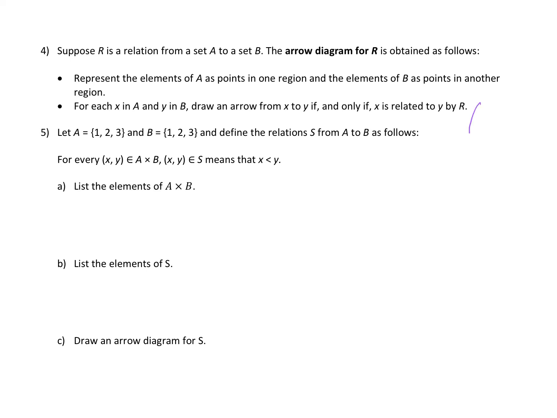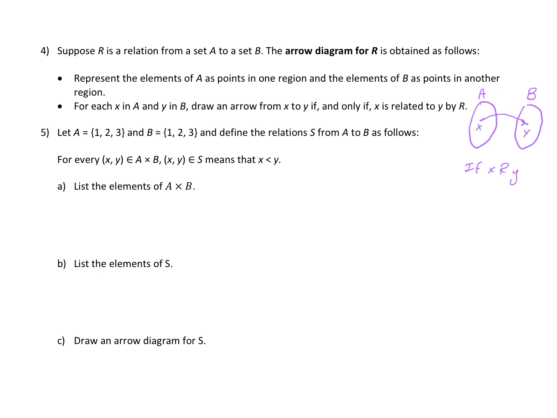So you'll have a circle with elements of A in it, a circle with elements of B in it, and then for each x in A and y in B, you draw an arrow from x to y if and only if (x, y) is an element of R, or x is related to y. Like that.